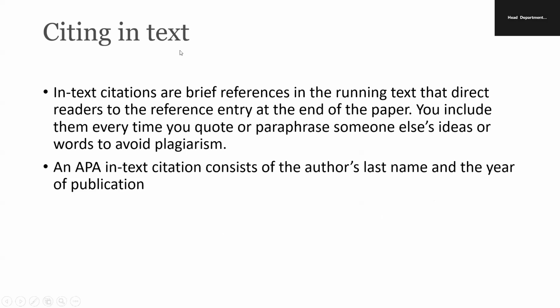Citing in text. It means when we are writing the extended abstract, how we cite others' work. In-text citations are brief references in the running text that direct readers to the reference entry at the end of the paper. Right. If we are telling something which another researcher has found, then we have to refer to that research. No?